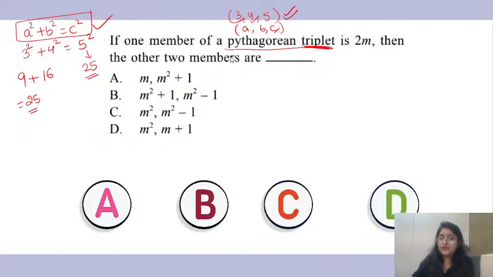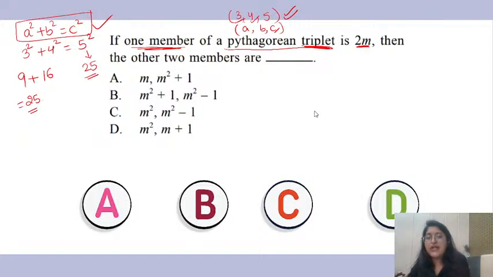Now, these A, B, C are the members of the triplet. So they are saying that we have one member, and that one member is 2m.